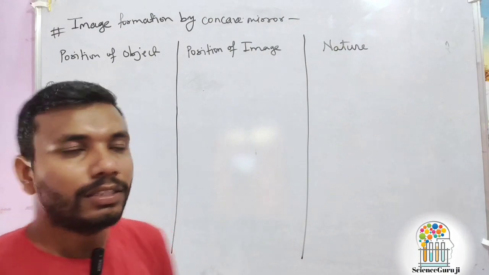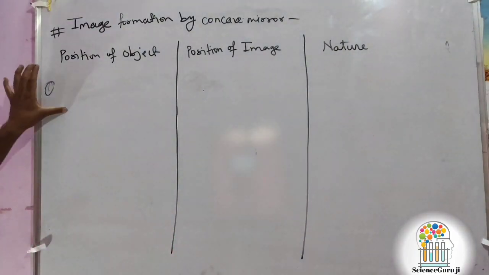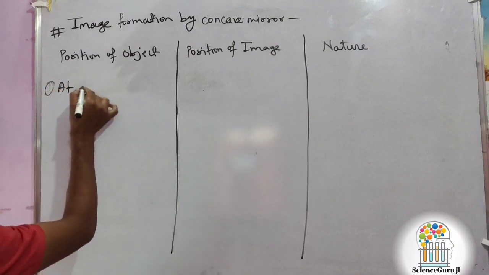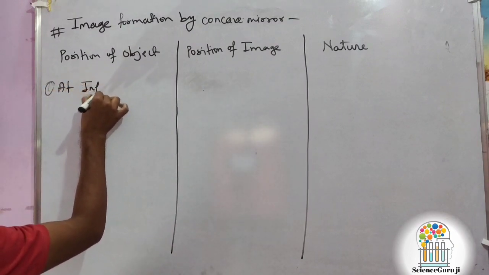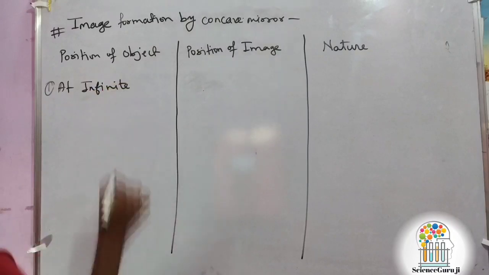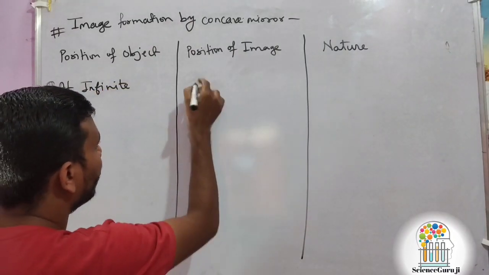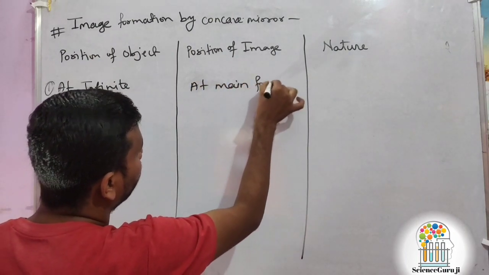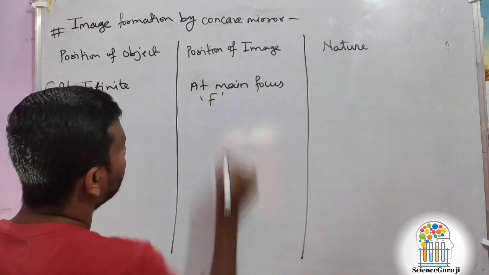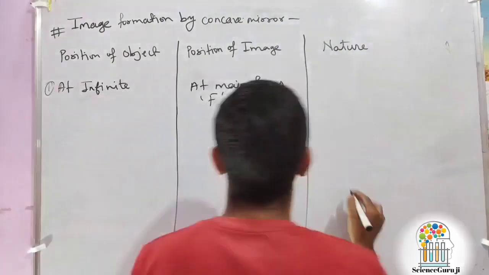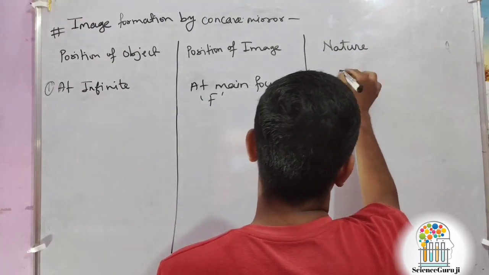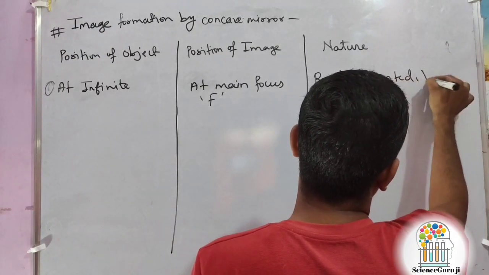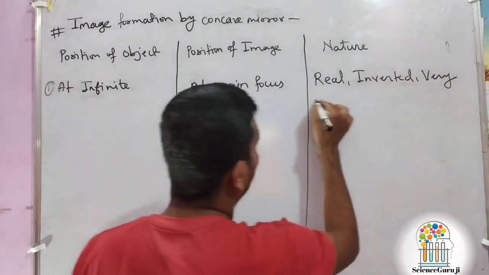So let's start. If any object is placed at infinity, then the position of the image is always at the main focus, which you can denote as a capital F, and the nature of the image is real, inverted and very small.